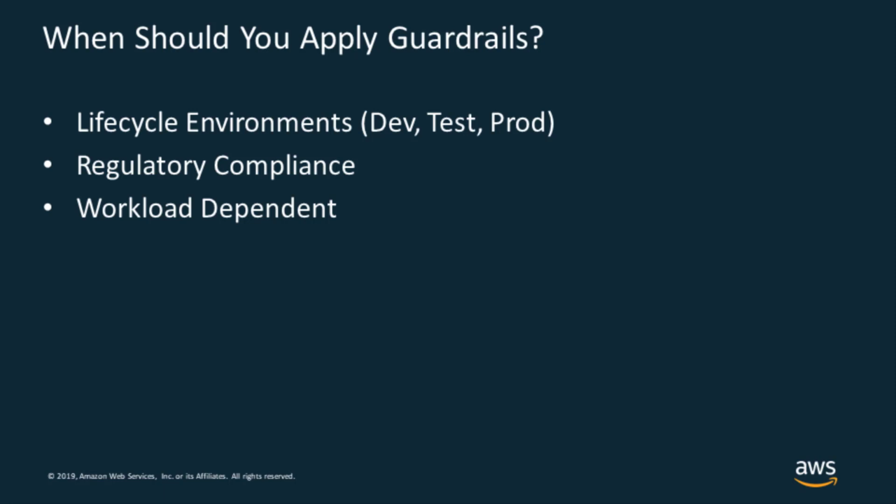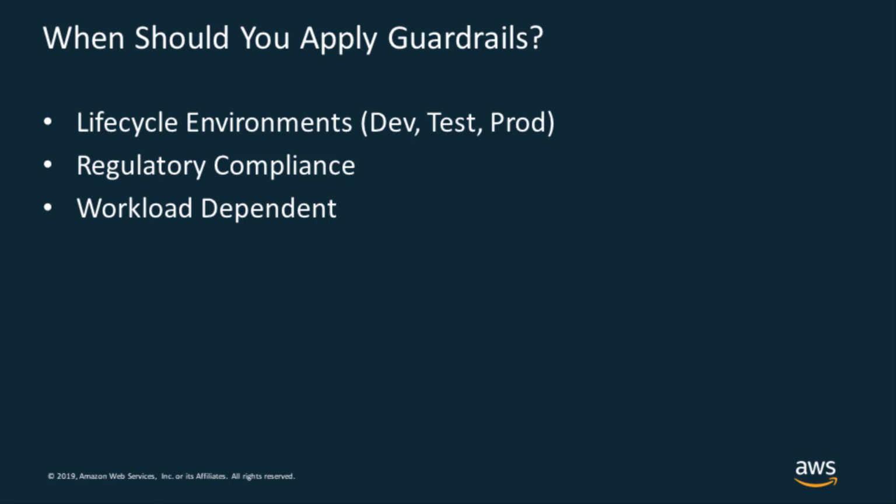In a development environment, developers may have access to most services. A second example is regulations. If you have to meet certain kinds of regulations, HIPAA, HITRUST, PCI compliance, or GDPR, you may consider preventing cross-regional replication. This is another guardrail that you can apply.